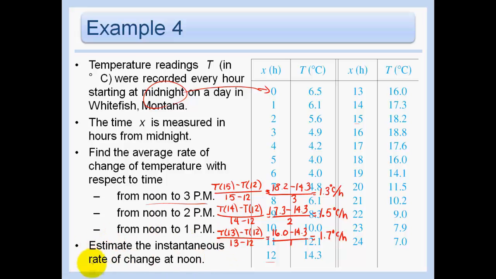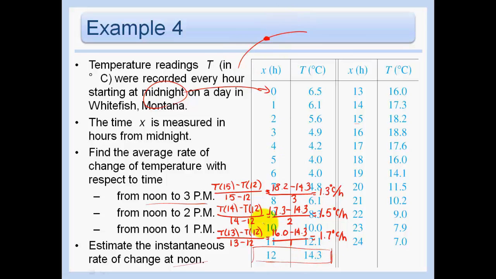Estimate the instantaneous rate of change at noon. Okay, there are 2 ways to do this. The first way, since we're looking at the table right now, well, I want to find, okay, I'm looking right here. How might I approximate the slope? Let's just say we're given this graph, right? And I want to find the instantaneous velocity right here.